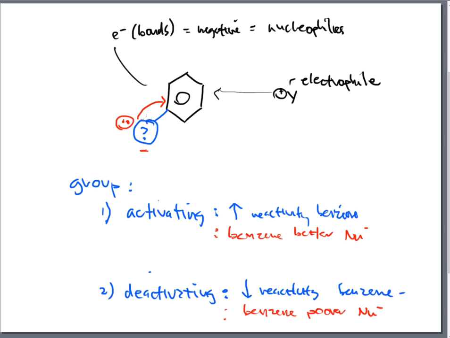Not only does it make benzene happy, but there's more negative now that's associated there, which means that it's a better nucleophile because that's the definition of the nucleophile. So if the group has electrons, and those electrons can be donated to the ring, that is an activator.